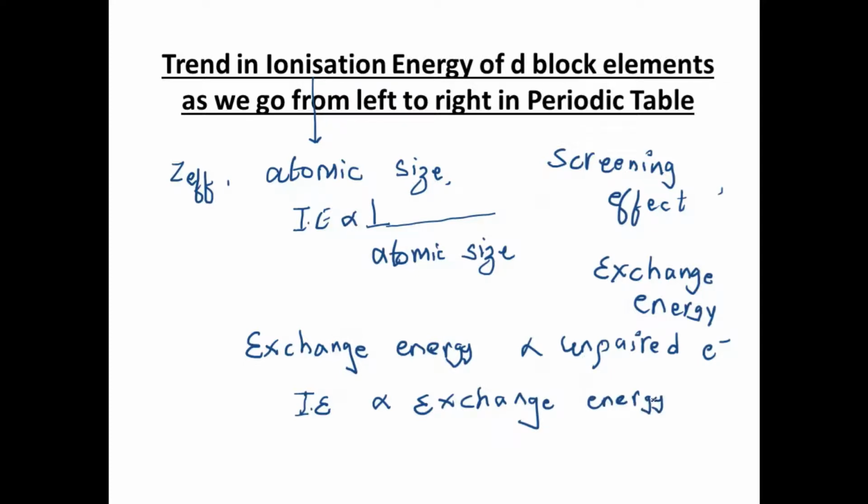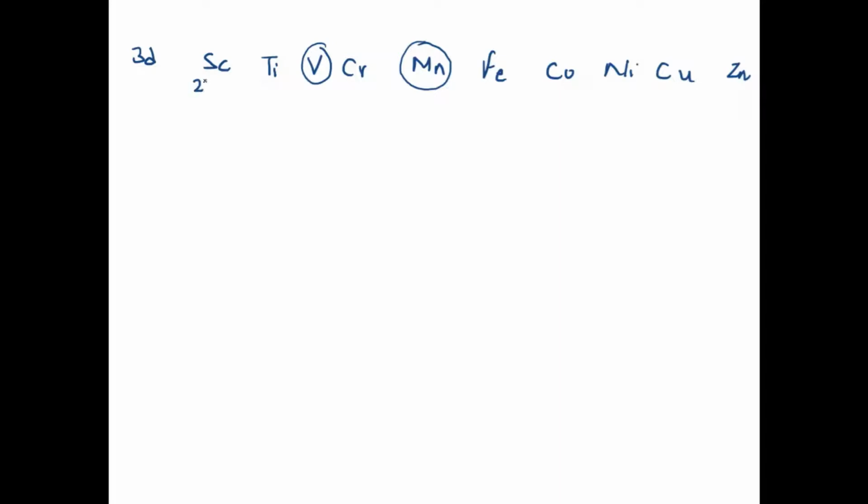See, what does exchange energy mean? Now, suppose I take an example of the 3d series first and I write down the series: Sc, Ti, V, Cr, Mn, Fe, Co, Ni, Cu, Zn. I take up two elements. Suppose I take manganese and vanadium. Their atomic numbers are 21, 22, 23, 24, 25 and so on up till 30.